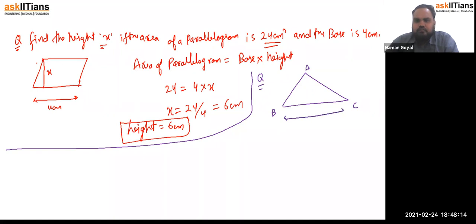This is 4 centimeter and this height is given as 2 centimeter. This is perpendicular. Now the question is asking to find the area of triangle ABC.